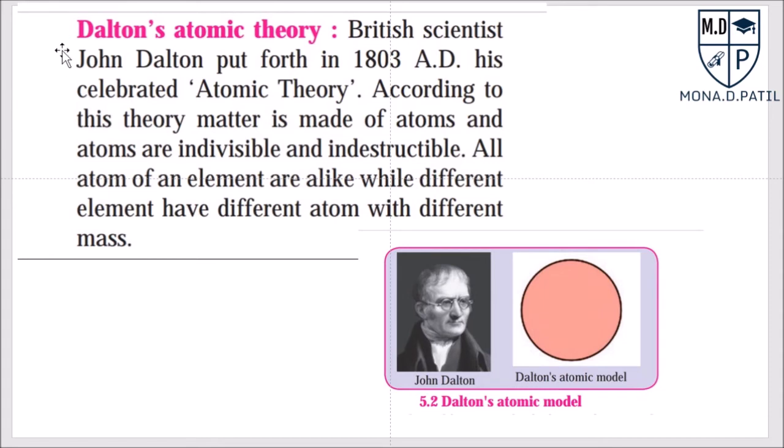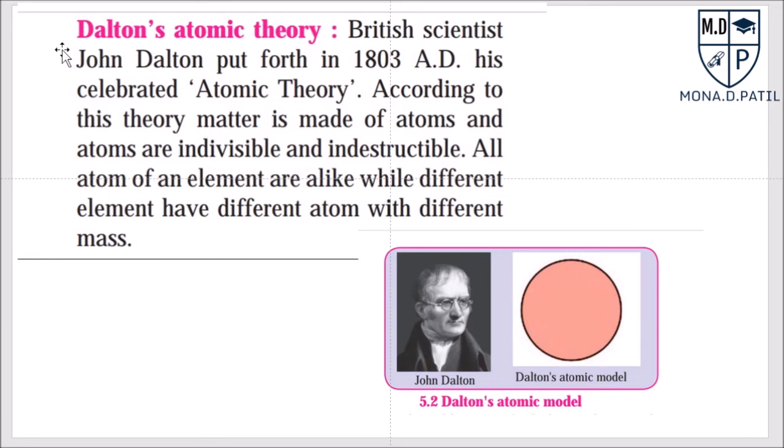Now there are various scientists who worked on atoms for discovery. Here I have not mentioned, but our Indian scholar, Maharshi Kanad, around 6th BC, discovered that the smallest particle in matter, which they called Parmanu.